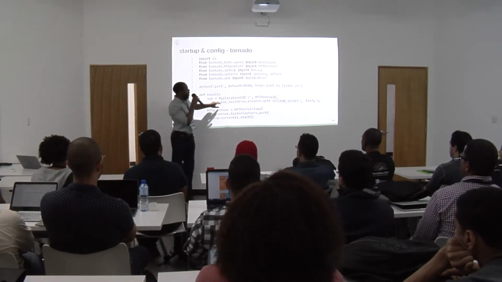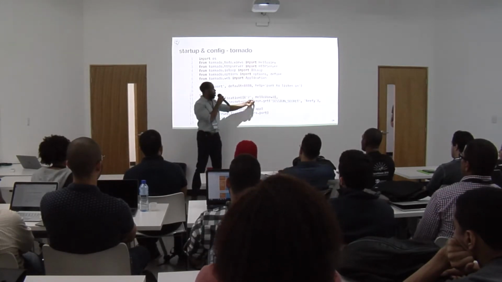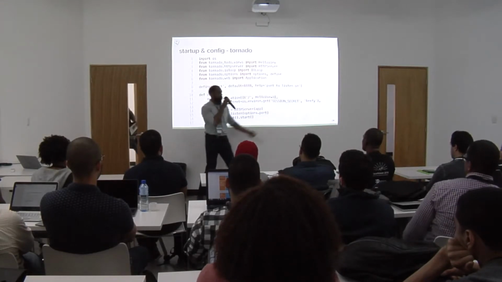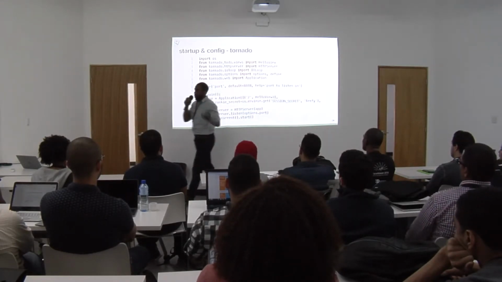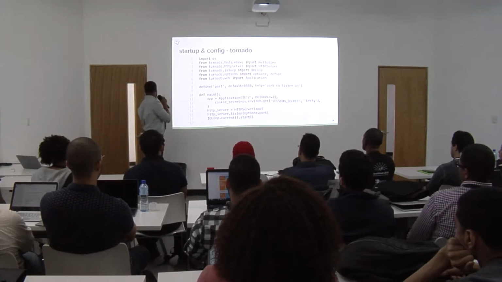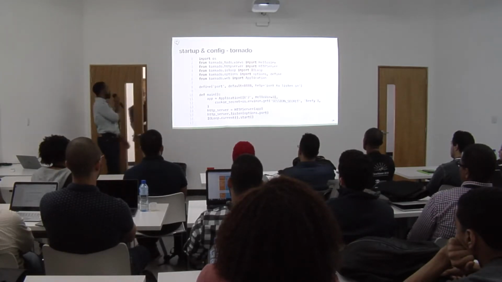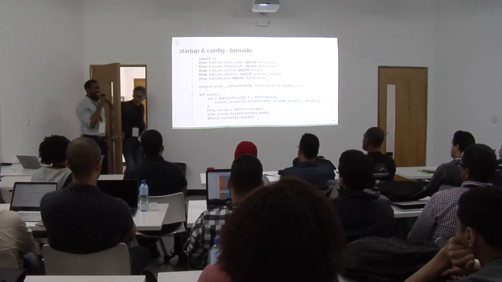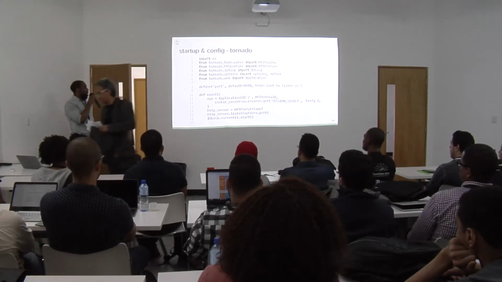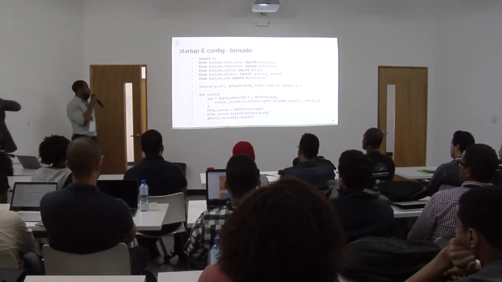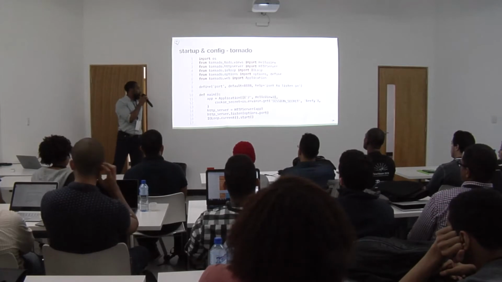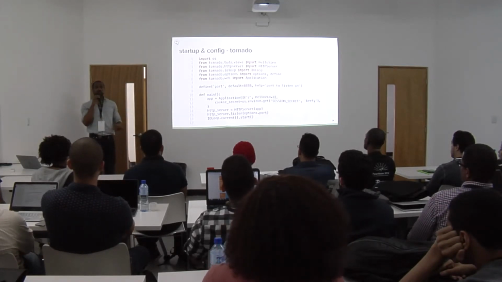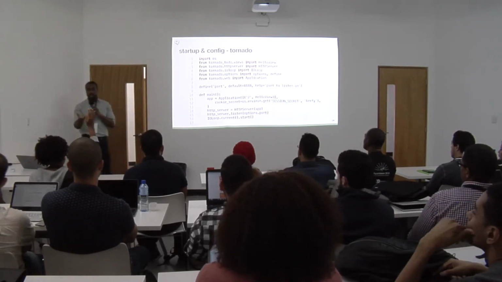I'm going to set up this cookie secret here, which is going to come from my environment variable called session secret. By default, it'll just be beefy, because why not? It could be whatever I want. I set up my HTTP server. I tell it to listen on a given port, and then I start my I/O loop, which runs that server, waiting for incoming requests.